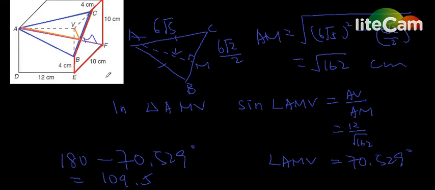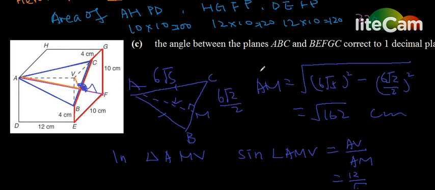Because at last we need to find the angle over here. So we firstly find out the angle AMV, so that we use the adjacent angles on a straight line and find out the angle of AMF. So it finished finding the angle between the two planes.